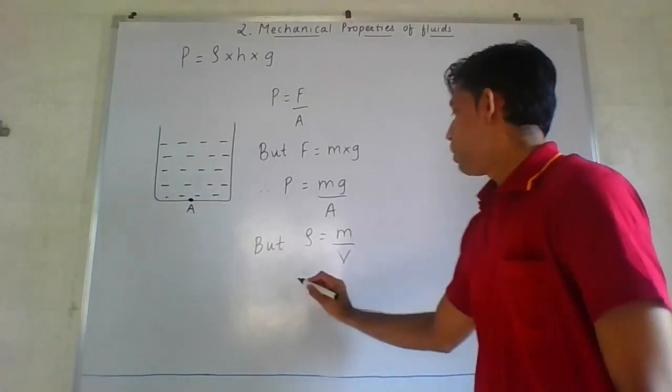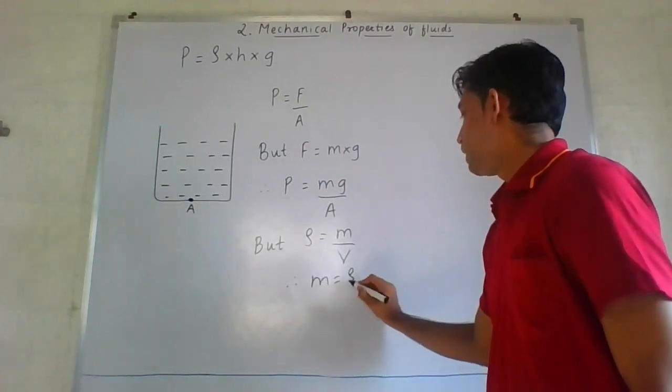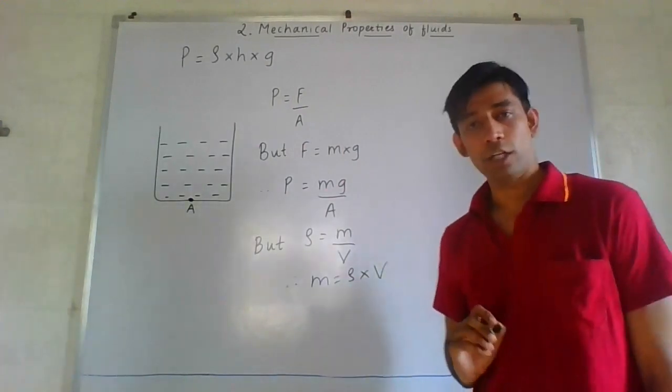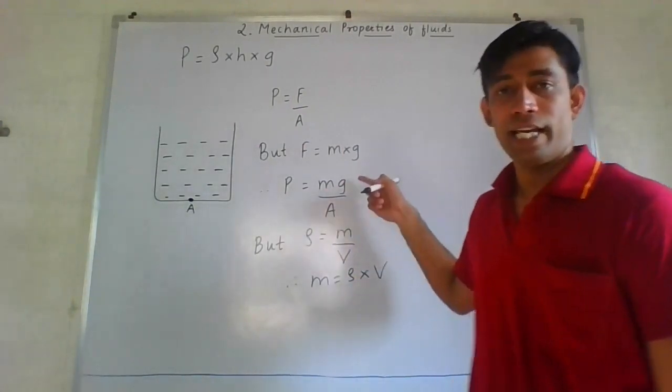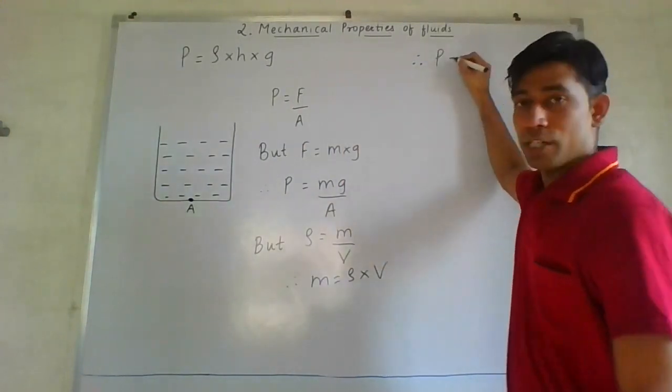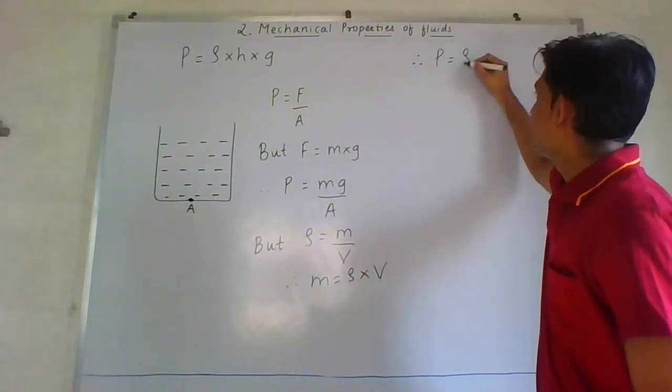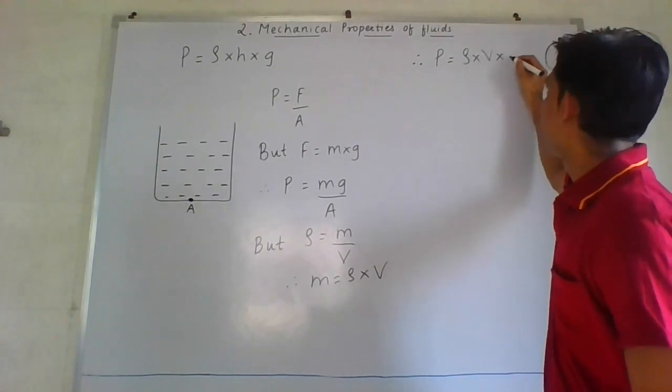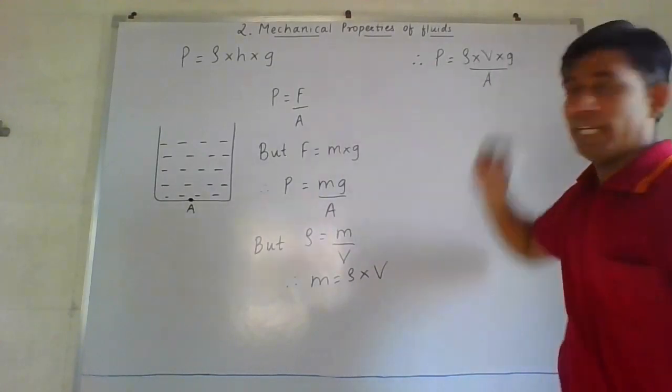So therefore mass can be written as density into volume. Substitute this again in this formula. So therefore we get pressure is equal to density into volume into g divided by area.